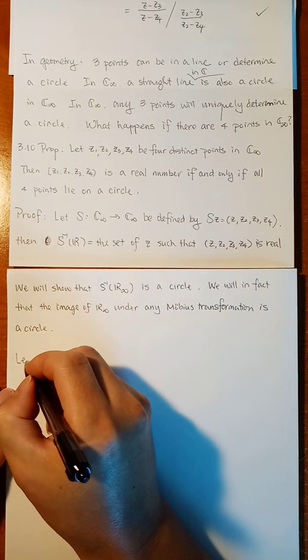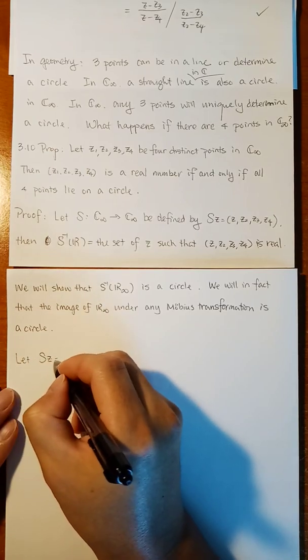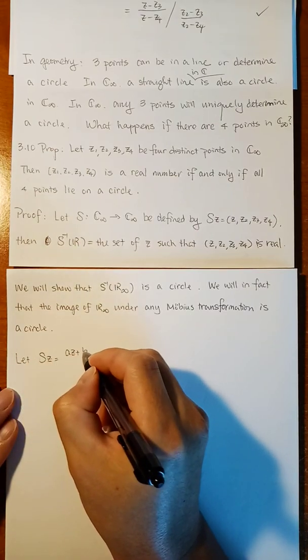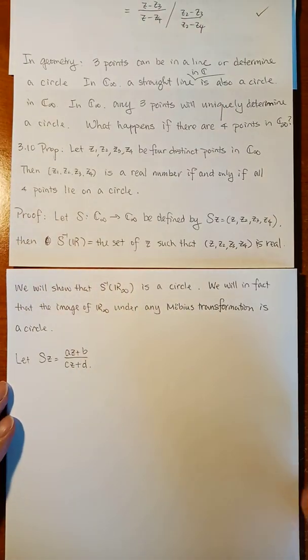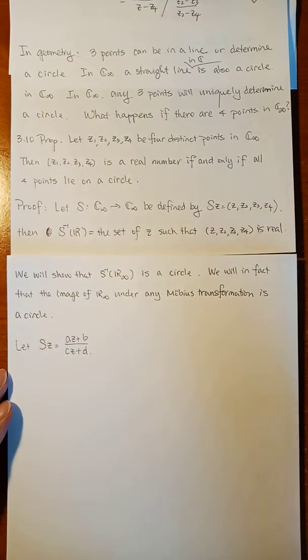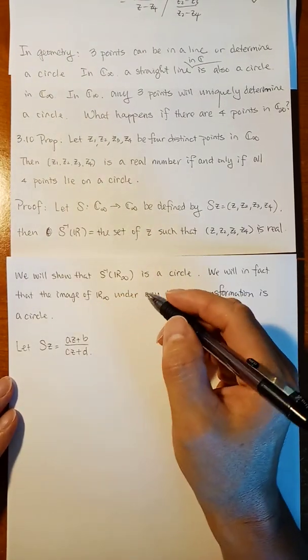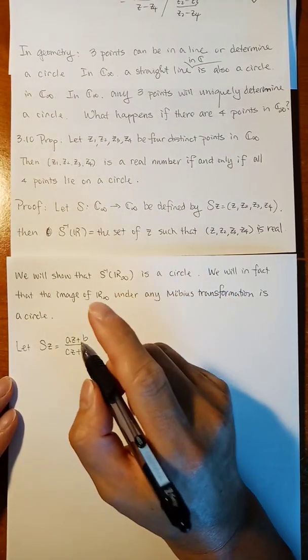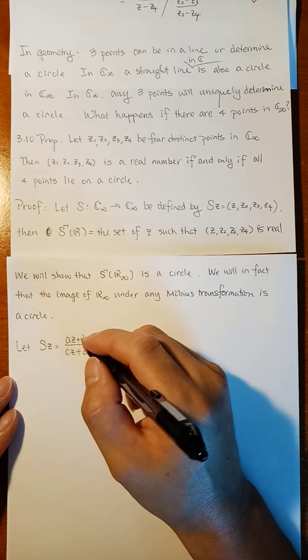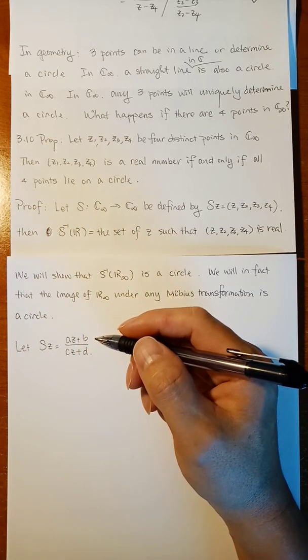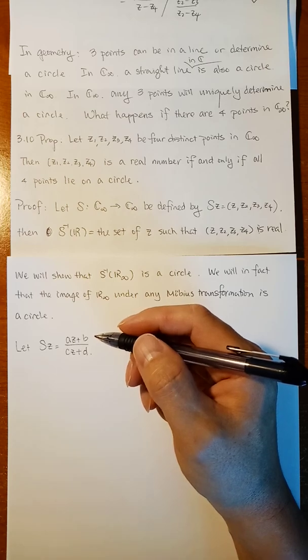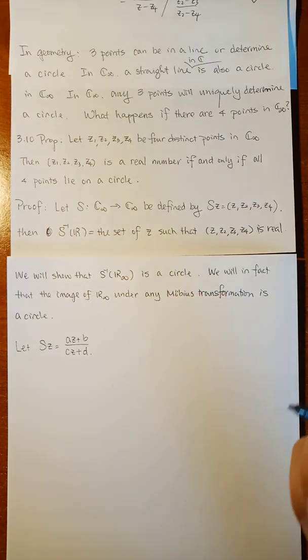Now let's see. Let S of Z be (AZ plus B) over (CZ plus D). We're always going to start from the definition. And remember that we need to study the real numbers.